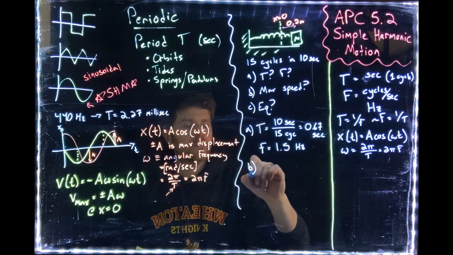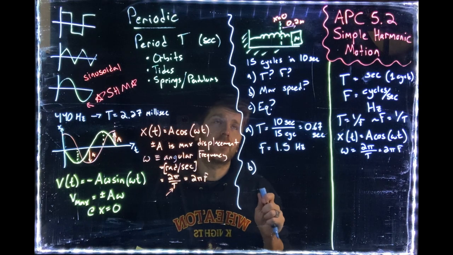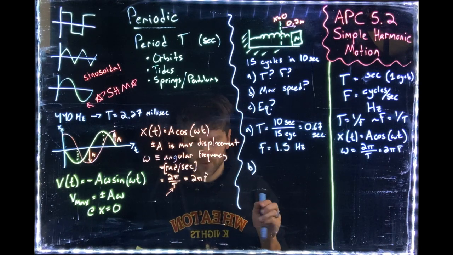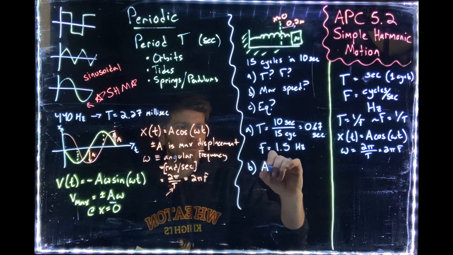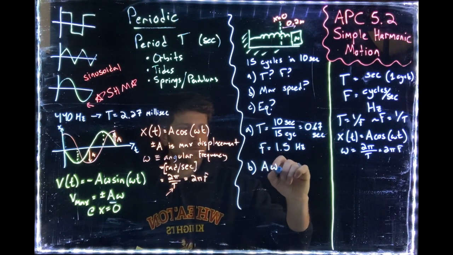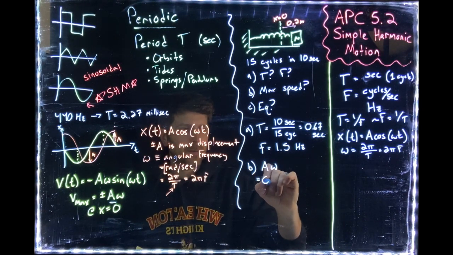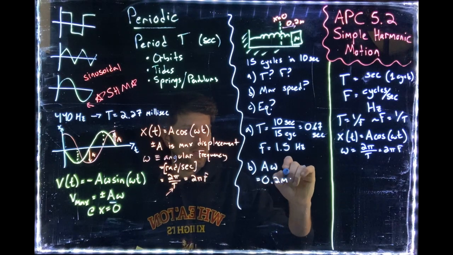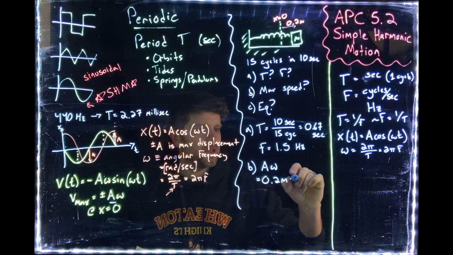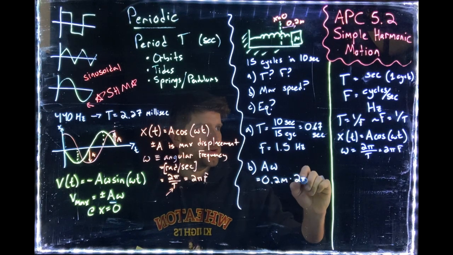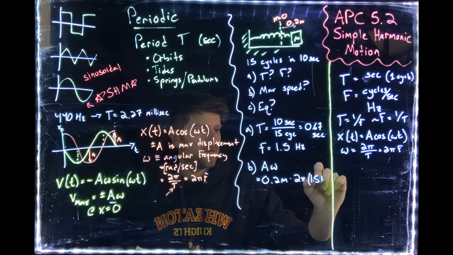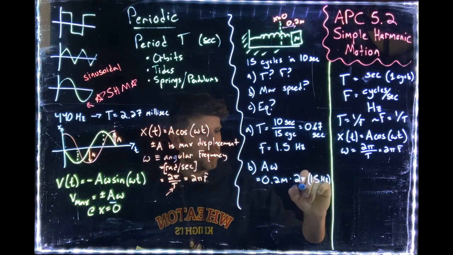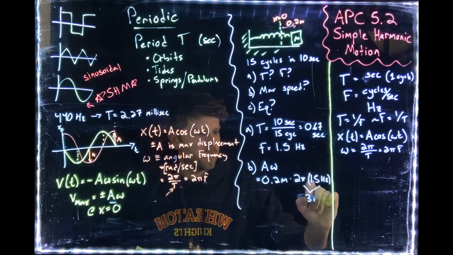To find the maximum speed, you might be looking at this and saying, I have no idea what the maximum speed is. That seems rather difficult. But we remember that the maximum velocity for simple harmonic motion is our amplitude times omega. Our amplitude is 0.2 meters. And our omega here is going to be 2 pi times our frequency. Well, this is 3 pi.